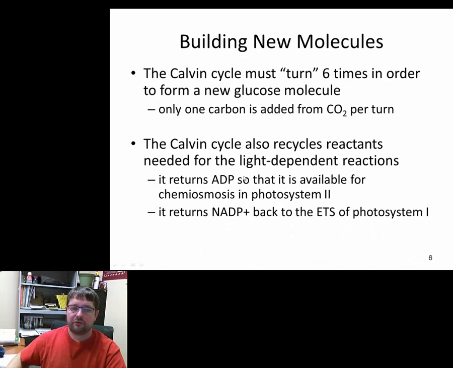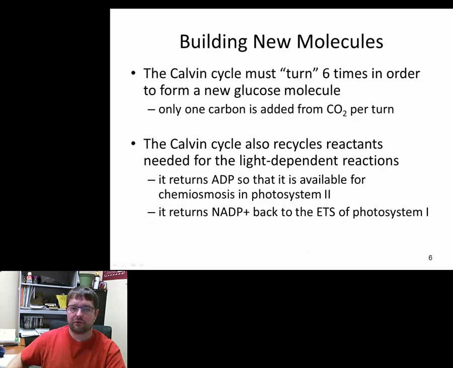So after you steal a phosphate from ATP, it becomes adenosine diphosphate, okay? And it's available for chemiosmosis in photosystem 2. After you take the electrons away from NADP, it goes back into photosystem 1.